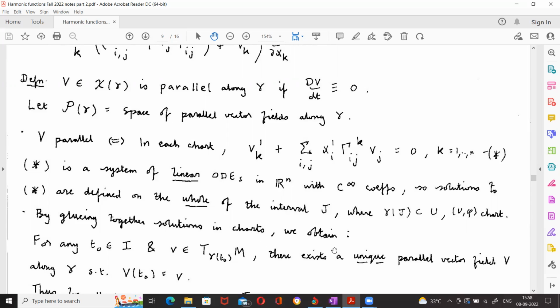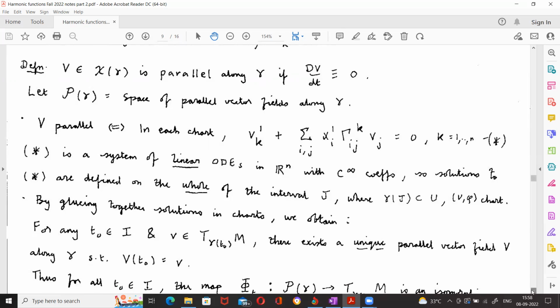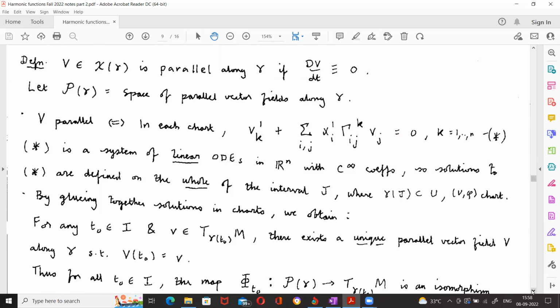And so what we get is that finally, for any point t naught in I, and for any vector v in T gamma t naught of M, there exists a unique parallel vector field V along gamma, whose value at t naught is equal to the given vector v.